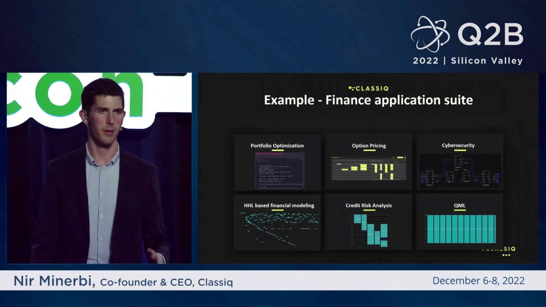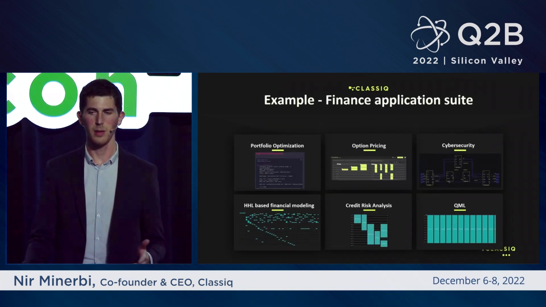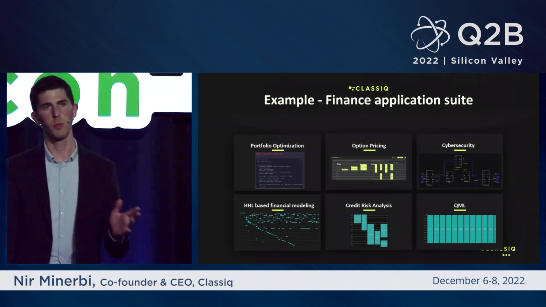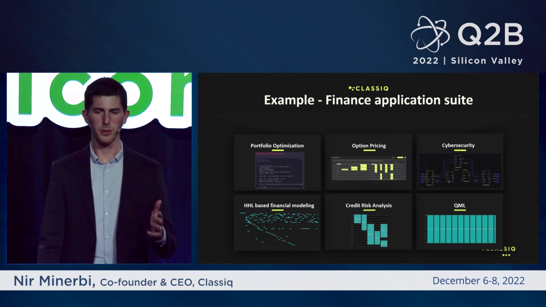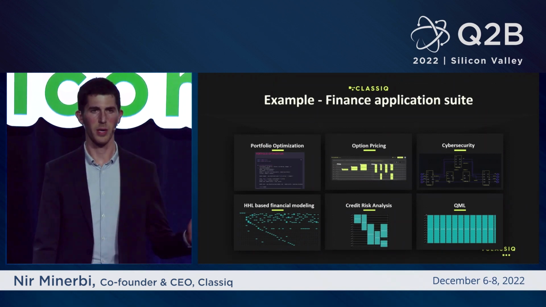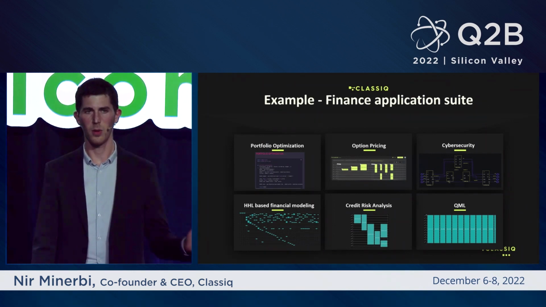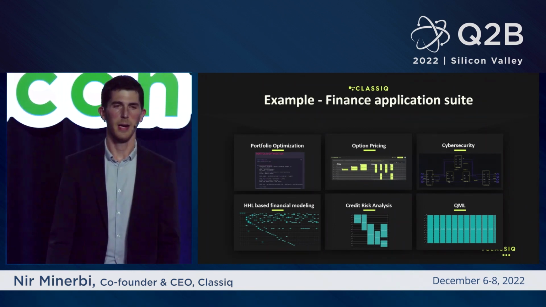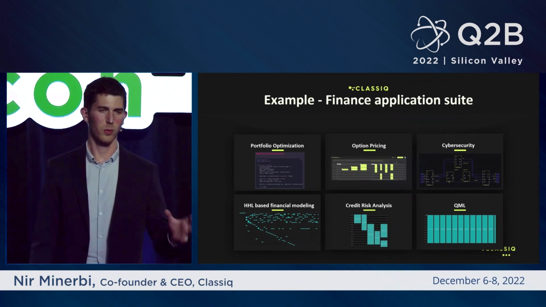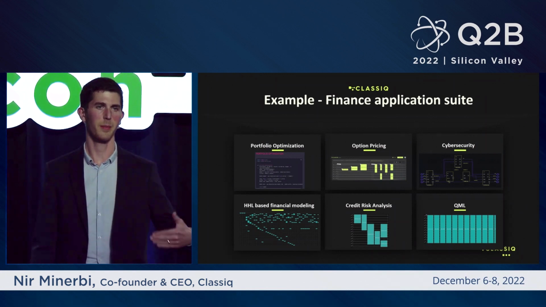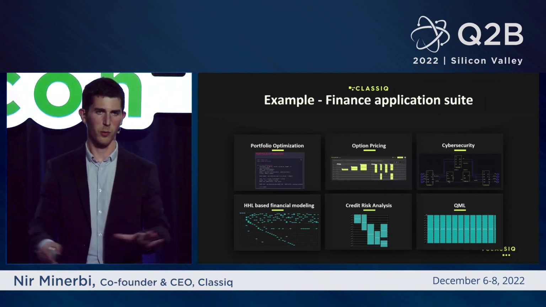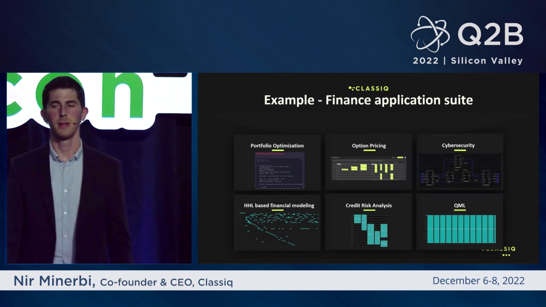So you'll find there all available implementations, models of portfolio optimization and option pricing, and all sorts of exotic options, Bermudan options, HHL-based, and so on, fraud detection. And again, it's really easy to take a basic model and adapt it to your needs and to different hardware backends.